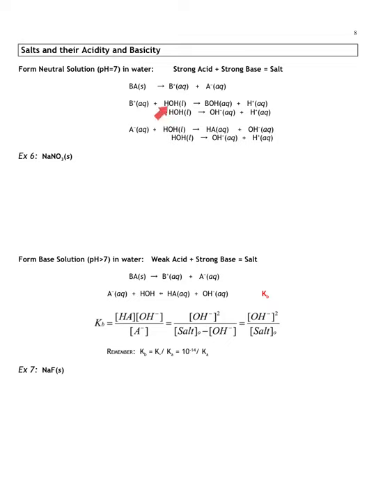Now, if the cation produces a strong base, you're going to see that strong base still, and strong means it ionizes completely, so BOH is going to ionize into B plus and OH minus, giving us a net equation that looks like this, which is just pure water. In other words, that ion has no significant changes in the pH of the solution, so it's a neutral cation.